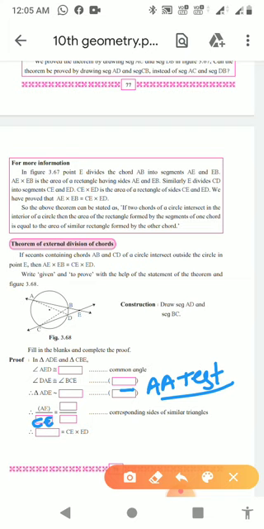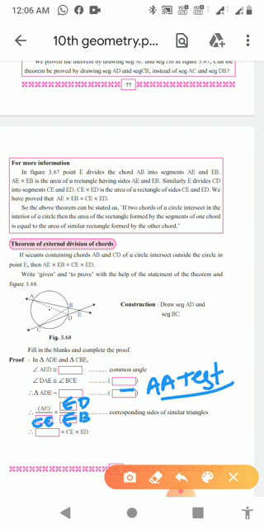After cross multiplication, ED will be here and EB is there.